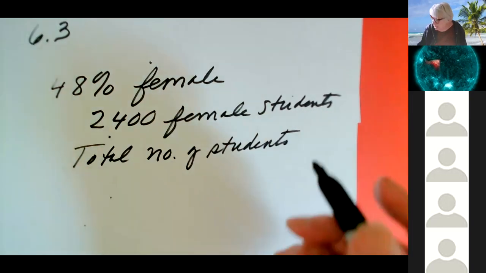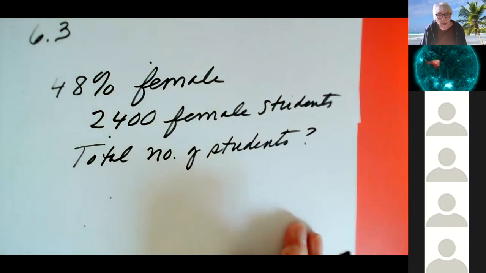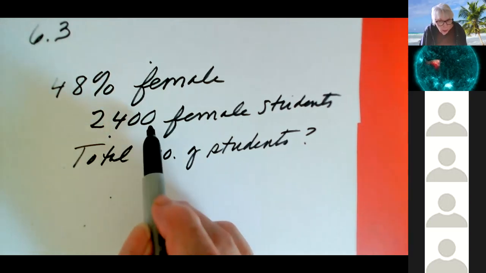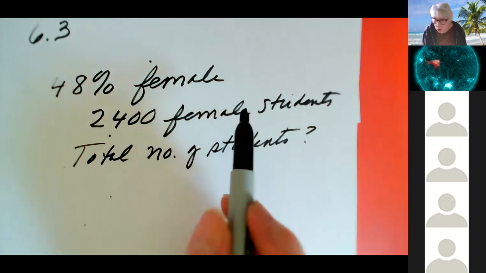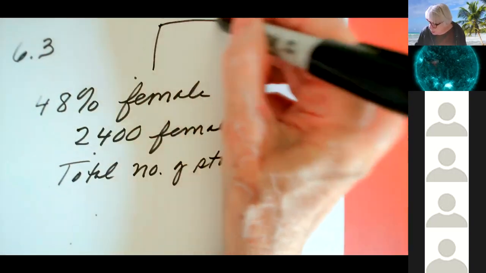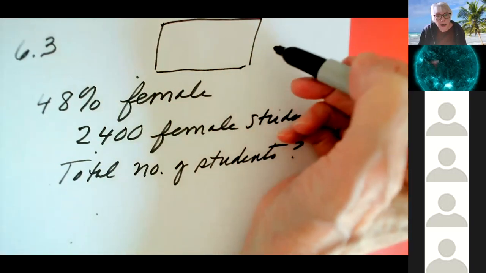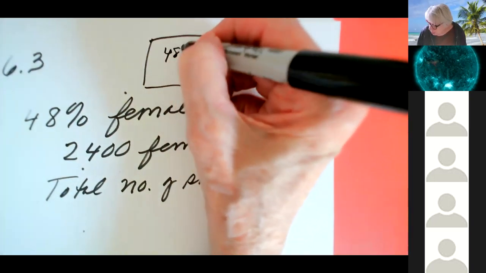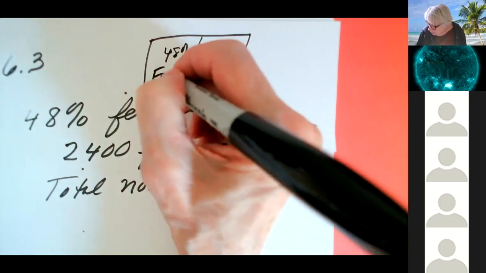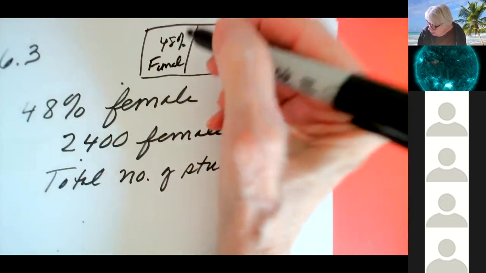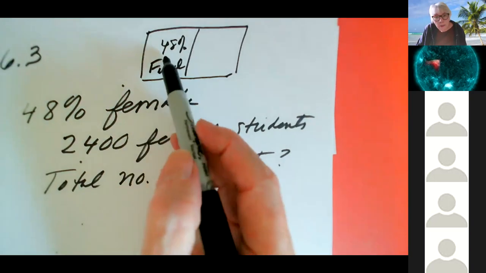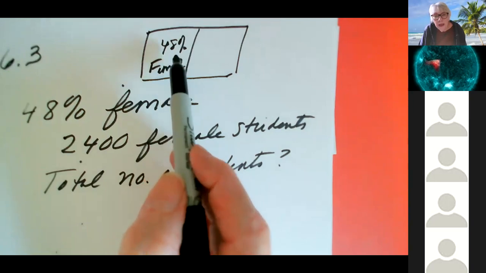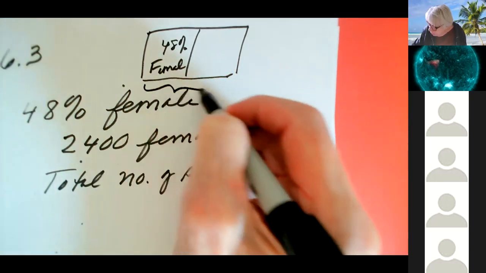Okay, that's my question. So the total number has to be more than 2,400 because there are 2,400 female students. Here's what you do if you try to visualize this. Here's 48% are female, and we also know that this represents 2,400 students that are female. The question is, what's the total number?